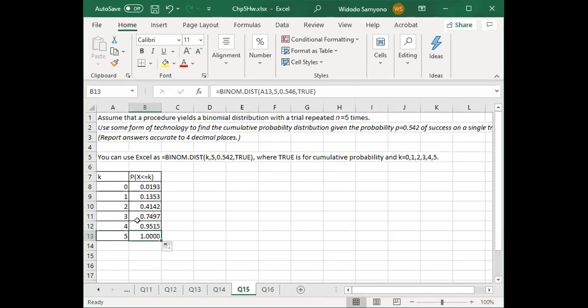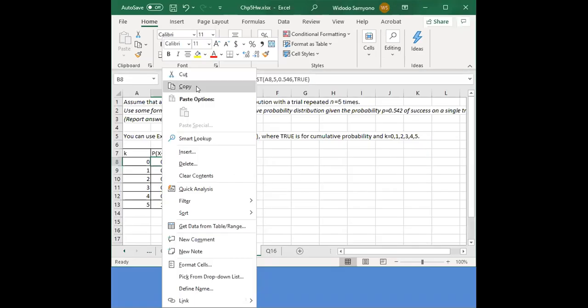And the total has to be equal to 1. Remember, one of the conditions for the probability distribution is the summation of the probabilities has to be equal to 1. Okay. So now you do the same thing, copy, paste it.